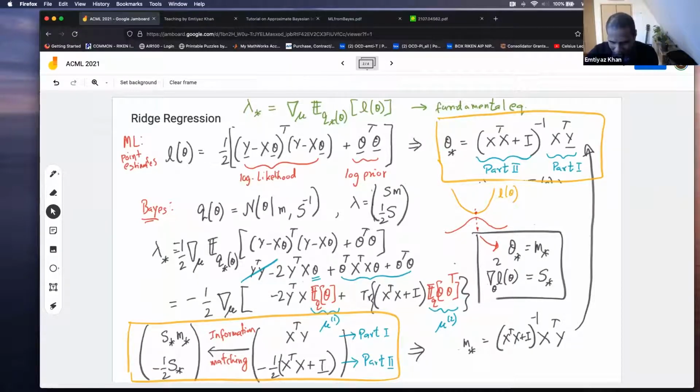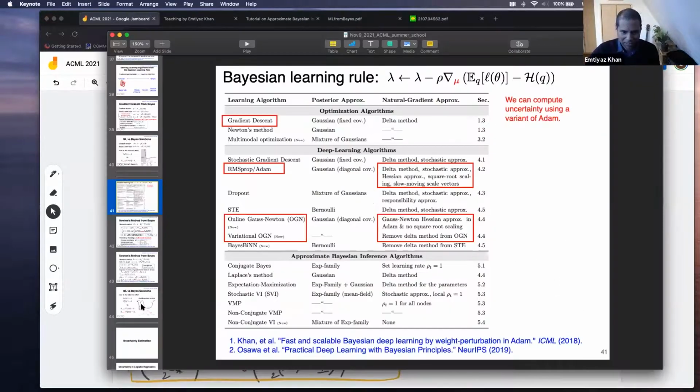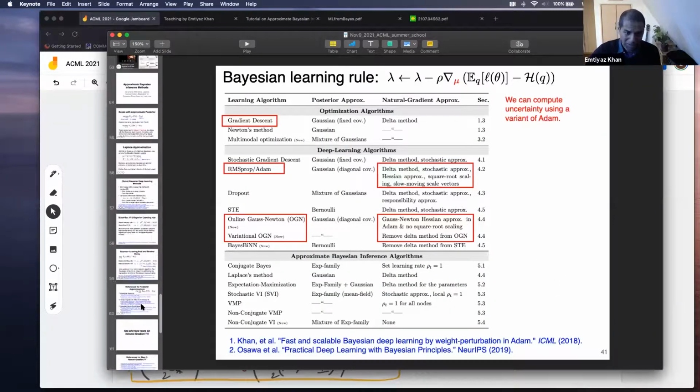Okay, what about conjugate priors, which may not always be Gaussian? Great question. So conjugate priors with non-Gaussian will have exactly the same calculation. I think I do have a slide about this that we will not cover today.